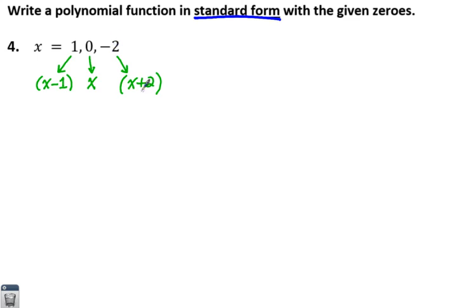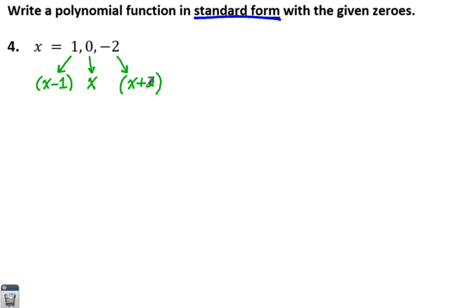The factor you would set equal to 0 would be x plus 2. So there's a very clear connection between the zeros, answers, solutions, x-intercepts, whatever you want to call them in whatever situation, and the factors of the polynomial.